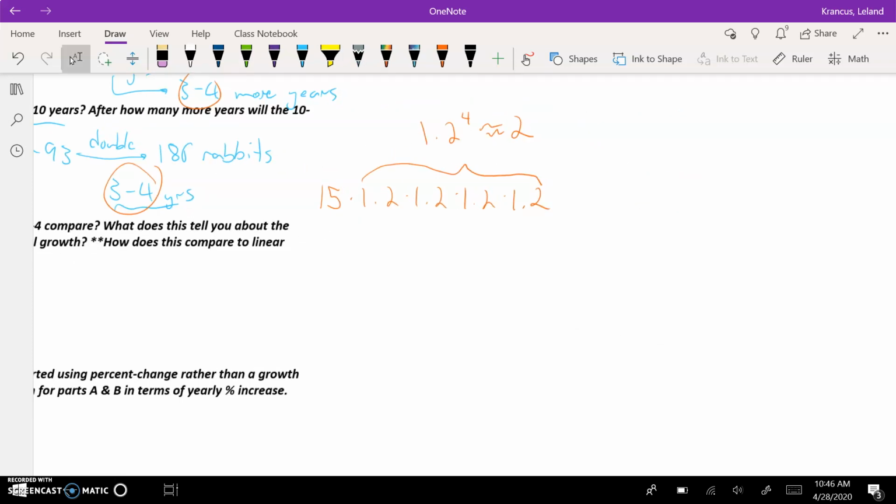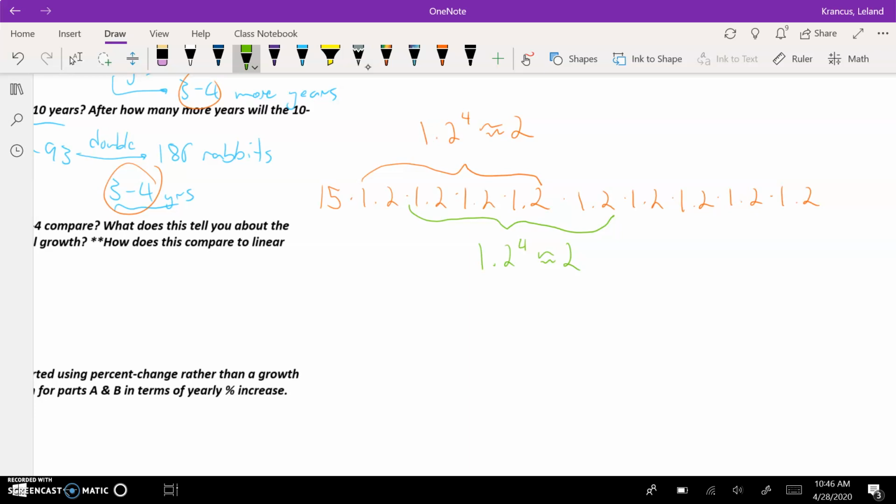And so if we keep going, times 1.2 times 1.2 times 1.2 times 1.2 times 1.2, it doesn't matter what set of 4 times we multiply the population by 1.2. 1.2 to the fourth power is always about 2.